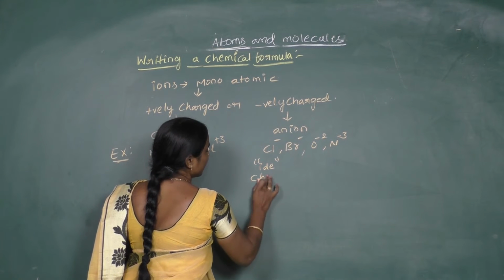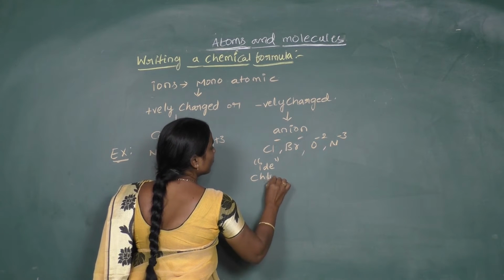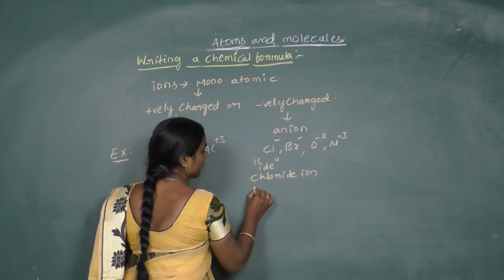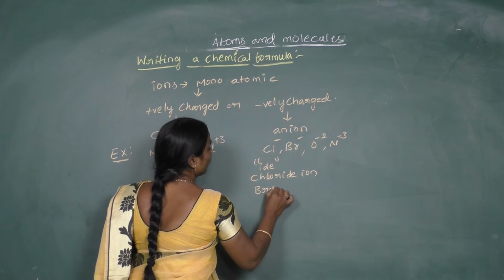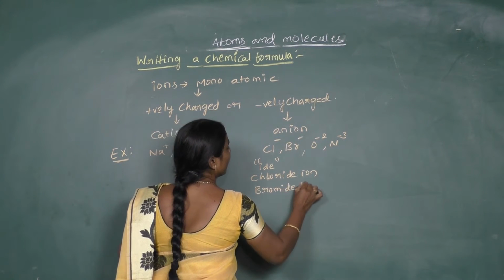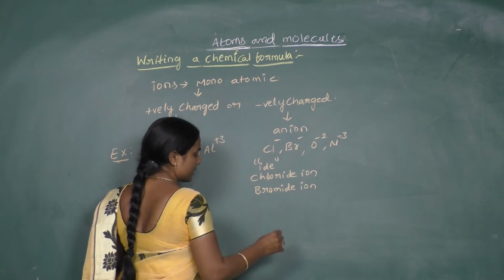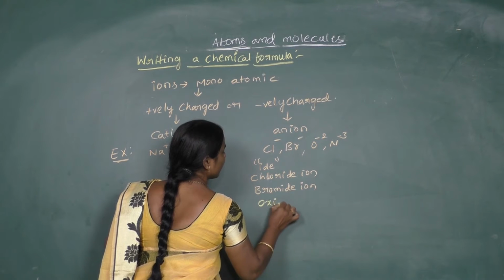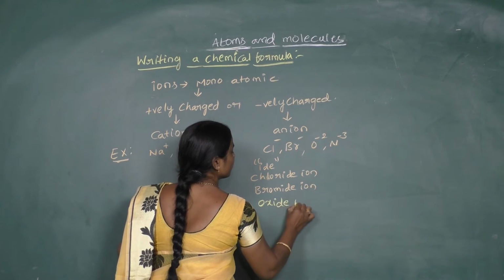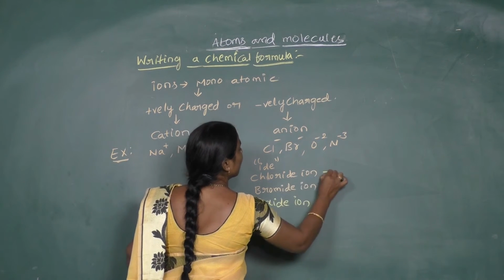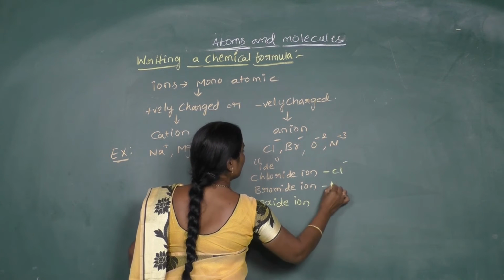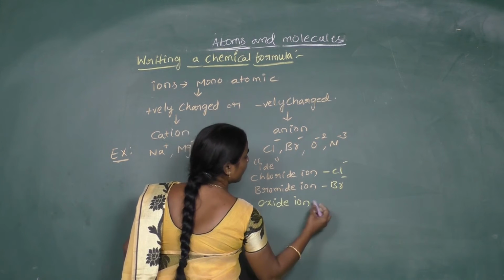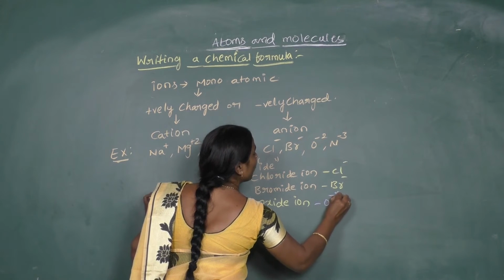Cl minus is chloride ion, Br minus is bromide ion, and similarly the oxide ion is O2-.